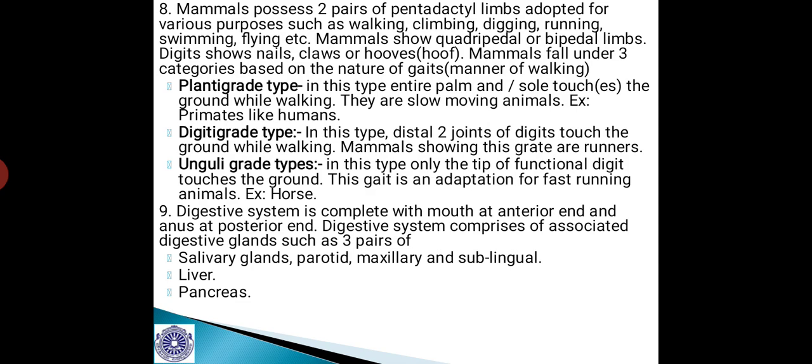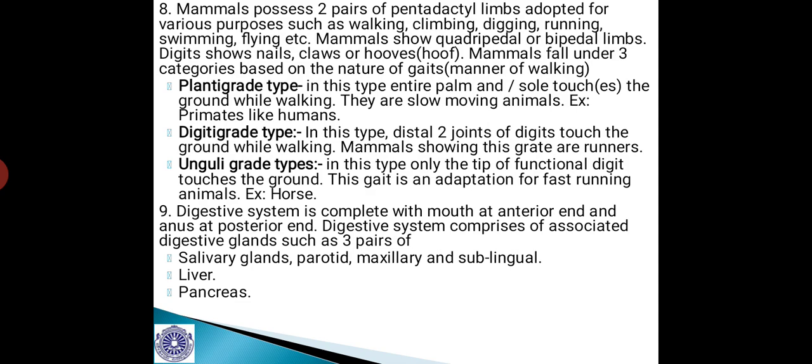Example, horse. So horses will have unguligrade type of locomotion or gait, whereas the runners like these carnivorous mammals have digitigrade type of locomotion or gait.